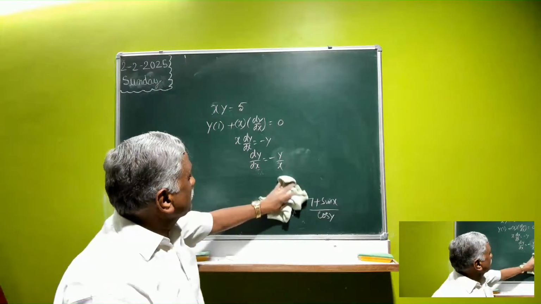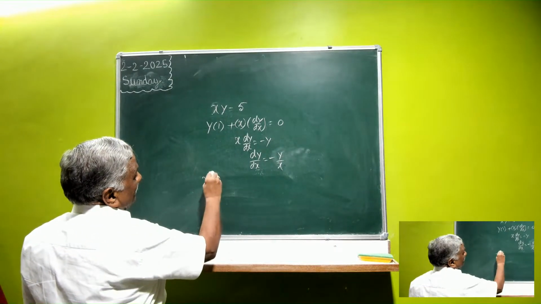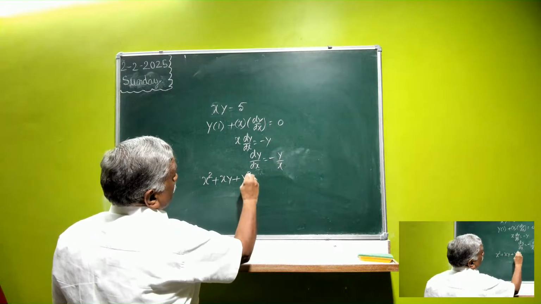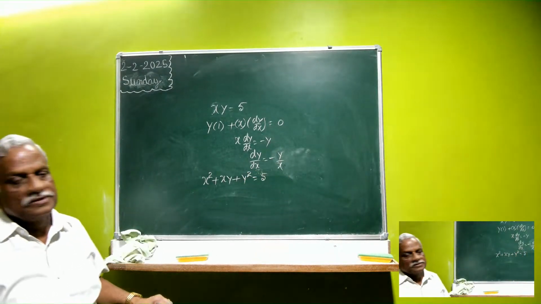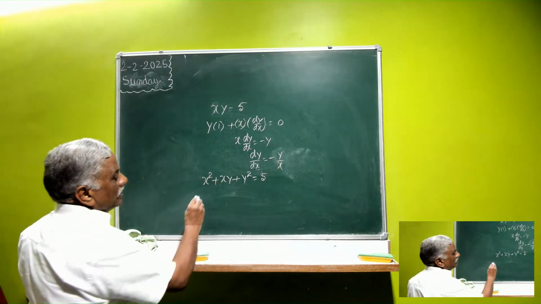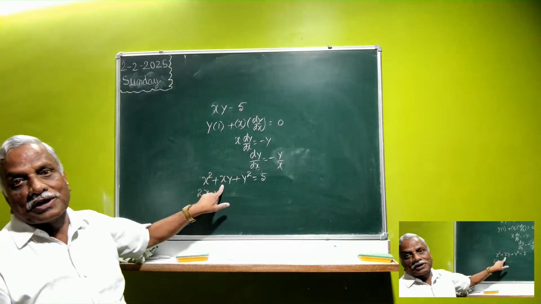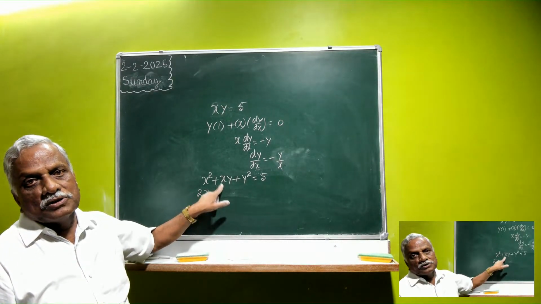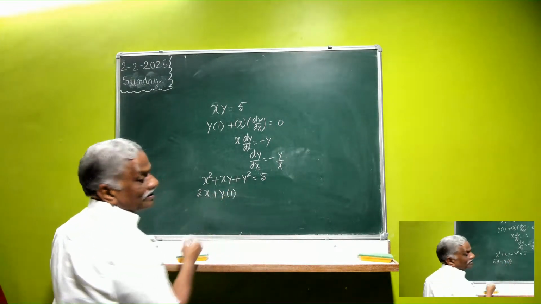So let me go for the next problem. x square plus xy plus y square is equal to 5. So same procedure. Differentiation of x square is 2x. But xy, you should remember it's a product. So you need to use product rule. So keep y as it is, x is 1.